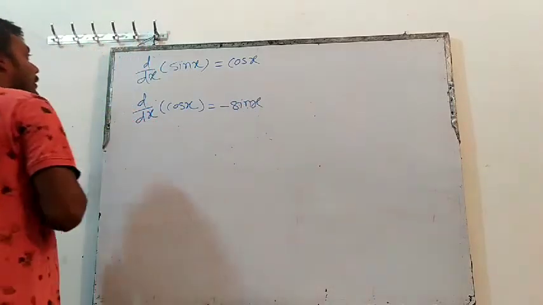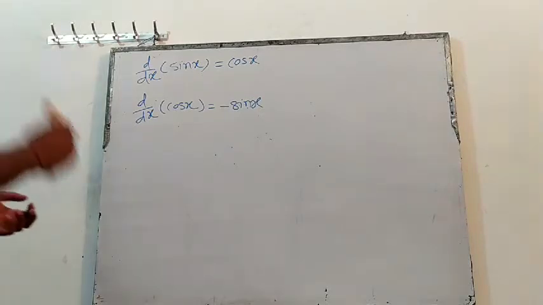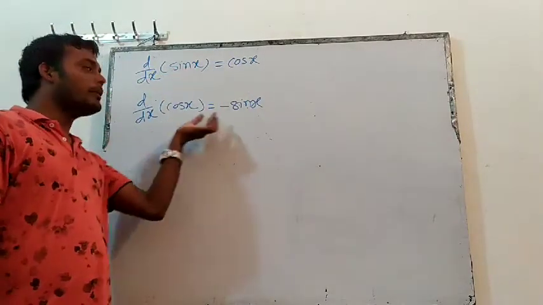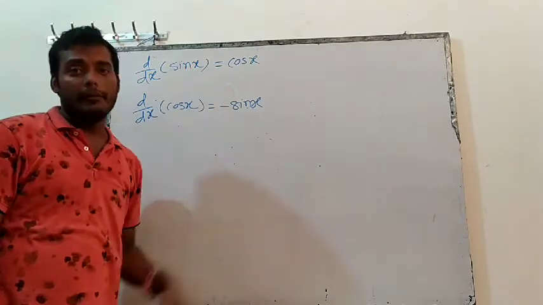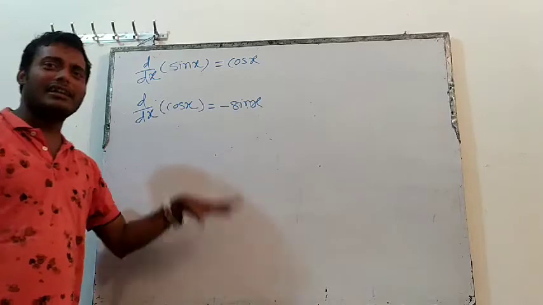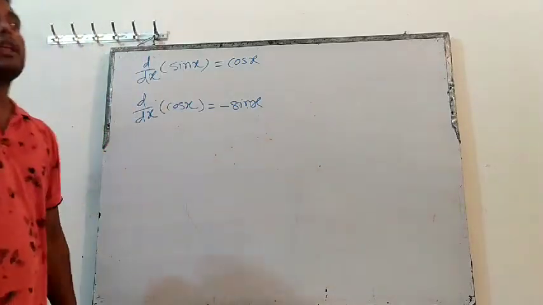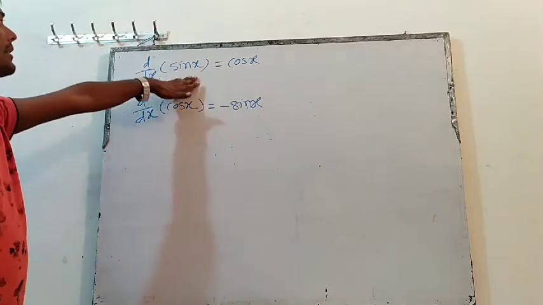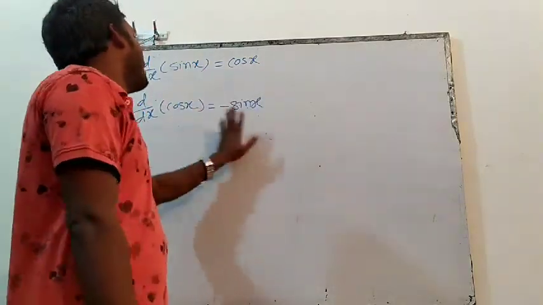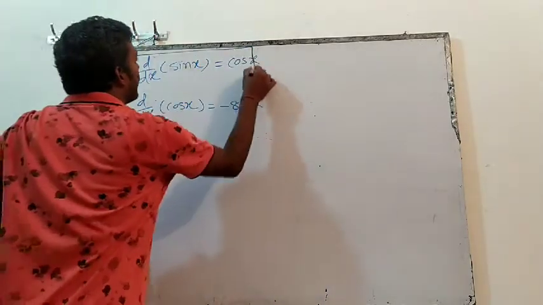So sin x differentiation is cos x, cos x differentiation is minus sin x. This is positive, this is positive, this is positive, this is negative. So sin is good, meaning positive positive, and cos is bad, meaning one is positive, then the other will be negative. So memorize like this: differentiation of sin x will be cos x, and differentiation of cos x will be minus sin x. So both formulas are very important.